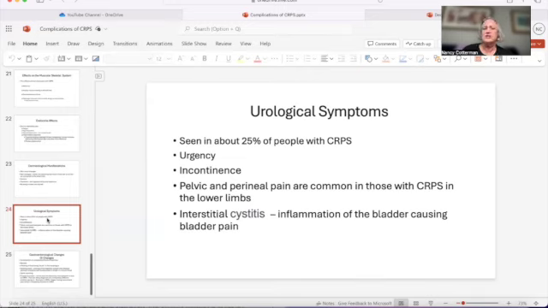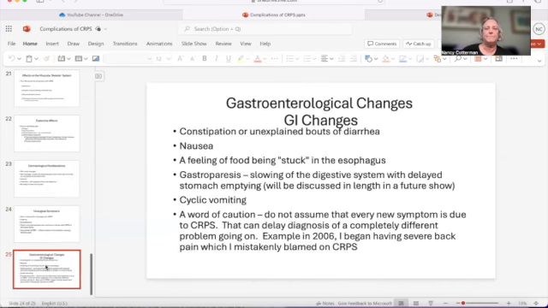The interstitial cystitis can be caused by the CRPS, and those that have it, often ketamine makes it worse. So there is an interstitial protocol that can be used by everybody, but especially by those who have interstitial cystitis.